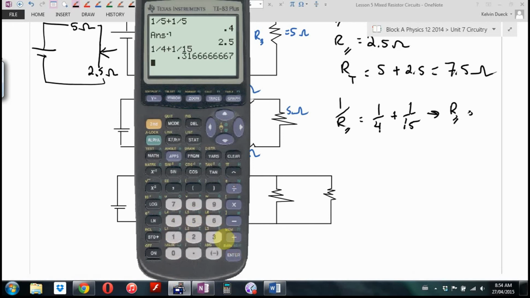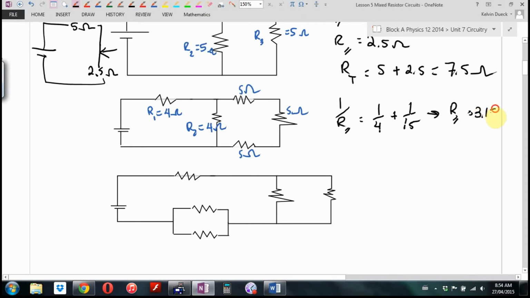I doubt this will work out evenly, but maybe. 3.158 ohms. This whole mess is that.